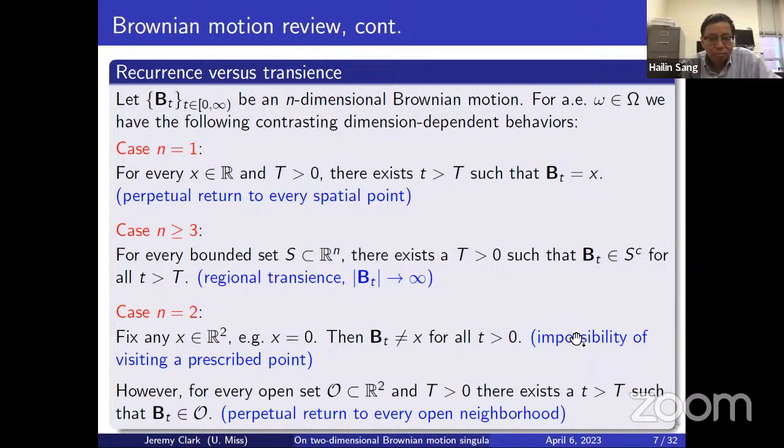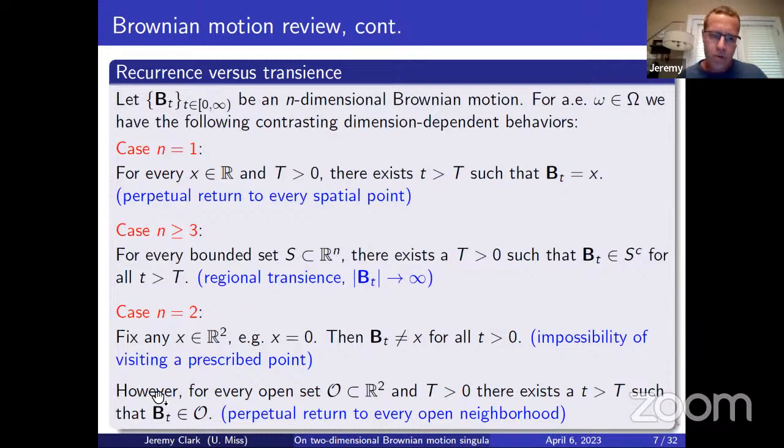It's impossible for the Brownian motion to visit a prescribed point. Of course, the Brownian motion will visit somewhere, but it won't be the point that you selected in the beginning. So the two-dimensional Brownian motion just can't hit points like the origin.